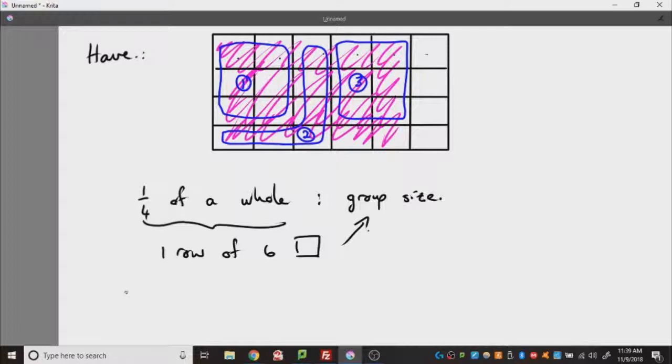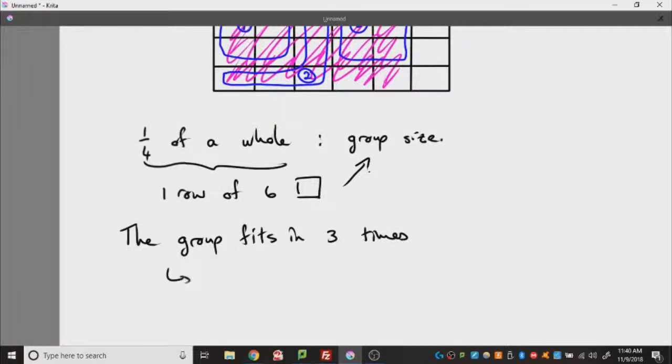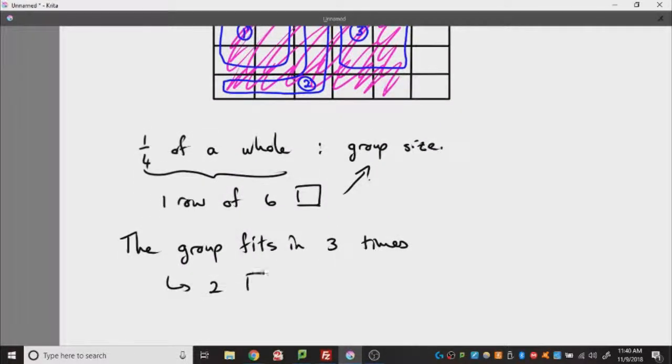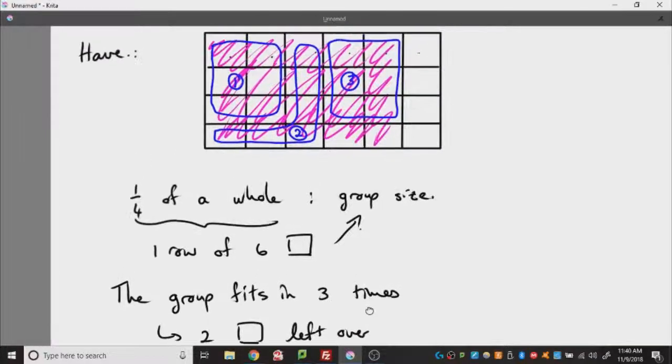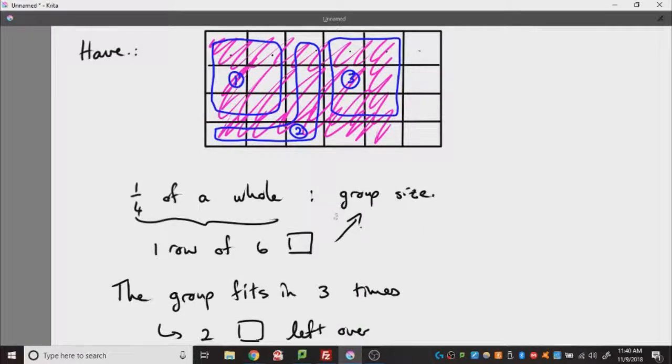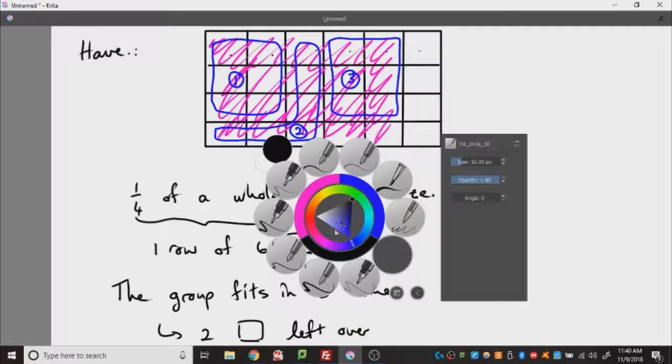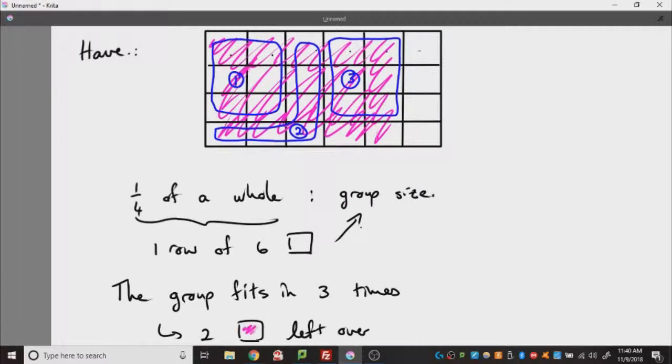So the group of 6 fits in to what we have 3 times, 3 whole times I can fit in that group, with 2 little pieces left over. 2 of the pink pieces are not in a group, in a blue group, right?